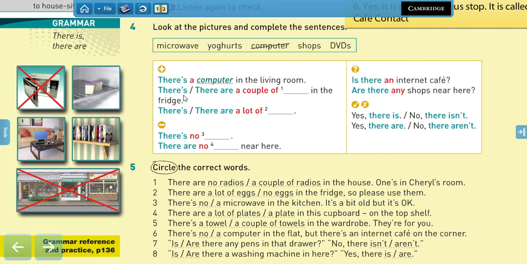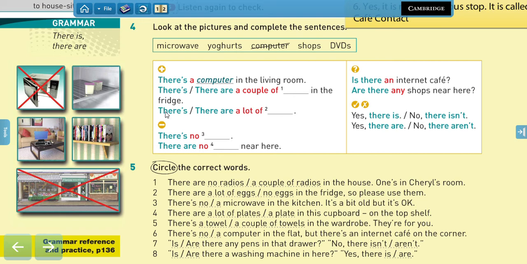Yeah, I know it may sound a little strange, but when we use these expressions, a couple of or a lot of, grammatically both are correct. I can say, there's a couple of, or there are a couple of, or there is a lot of, there are a lot of. But when we talk about a couple or a lot, we talk about plurals. So we're going to say there is or there are a couple of yogurts in the fridge.